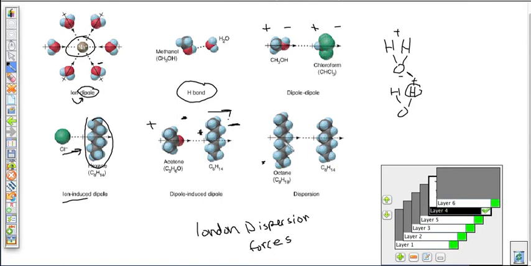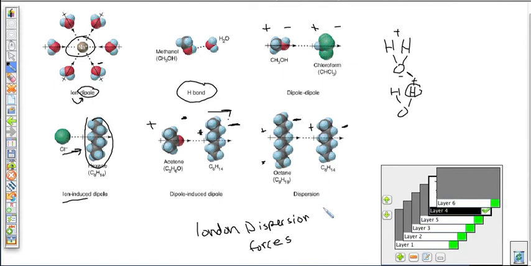A London dispersion force essentially says that because of the random interaction of electrons in here, every now and then, because of randomness, electrons will congregate maybe over on this side, leaving this temporarily positive and negative. And then this one over here might randomly do the same thing, becoming positive over here and negative over here, allowing these to form temporary dipoles. So that's what London dispersion forces are.